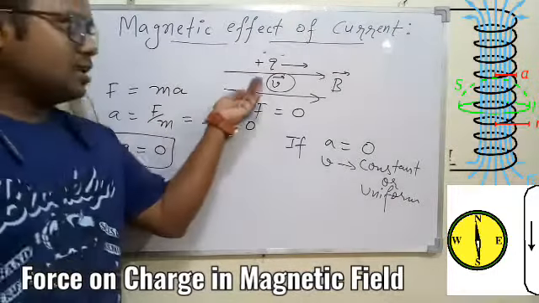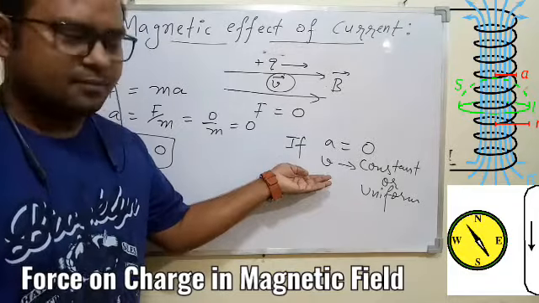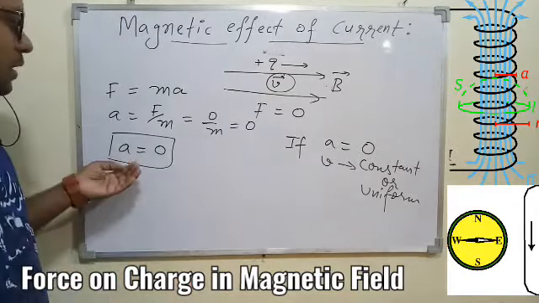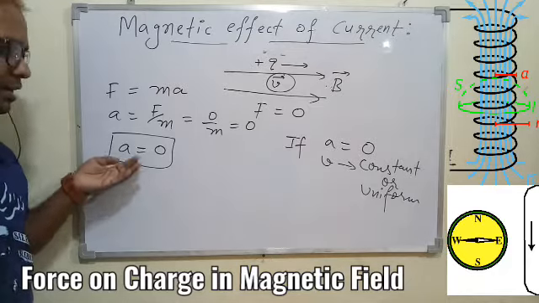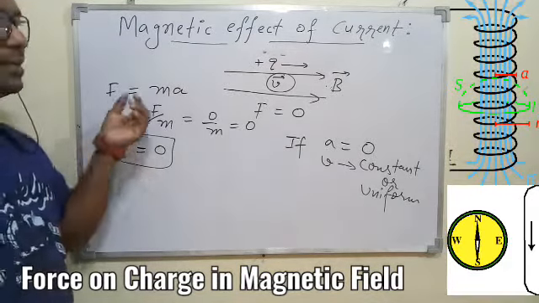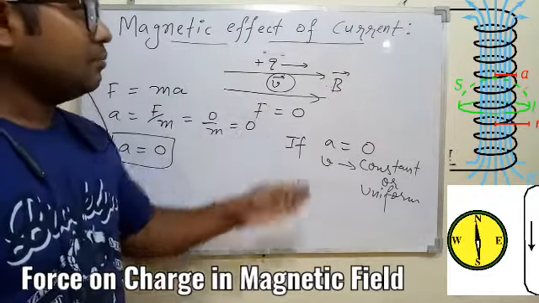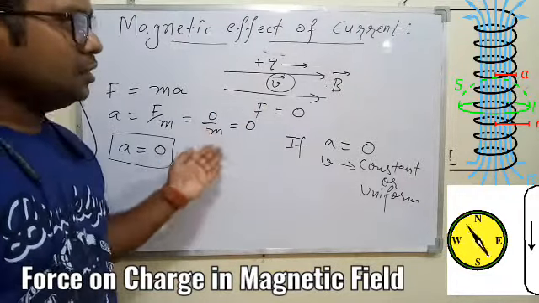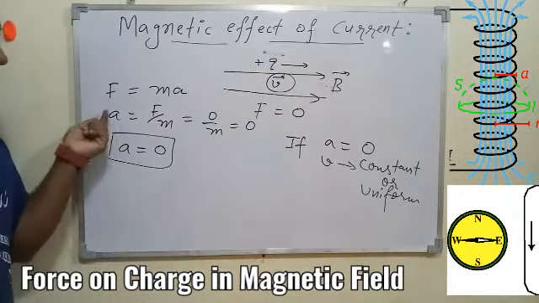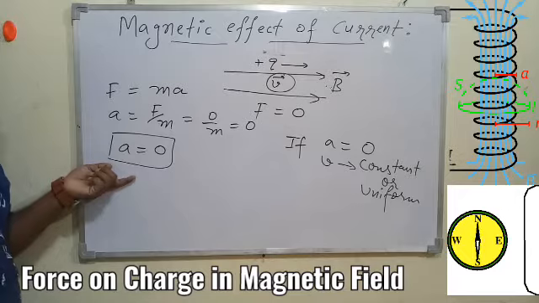It means that if a charge Q moving with uniform velocity V parallel to the magnetic field B will have no change in the velocity, meaning it will have no acceleration. So if a charge in motion is moving parallel to the magnetic field, it will continue to move along the same direction, because overall there is no force acting on the charge, and hence its acceleration will be 0.